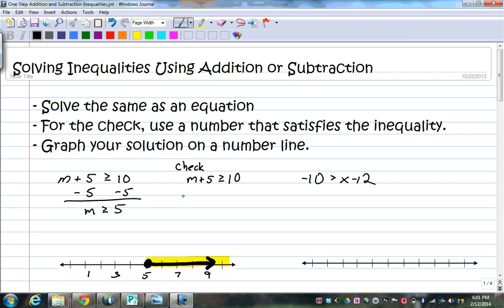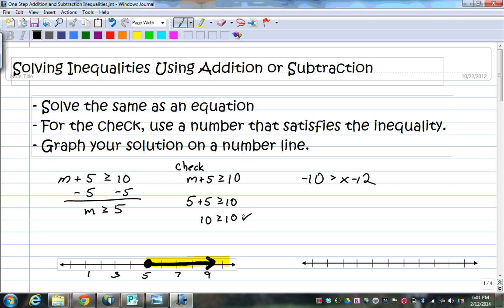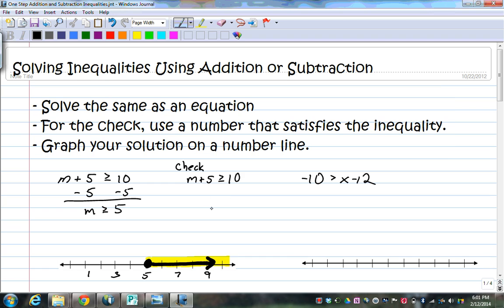So if I put in 5 for m, because I have the greater than or equal to, I end up with 10 is greater than or equal to 10, which is true because it is equal. Now if I pick something larger, because my solution says it's greater than or equal to 5, if I pick 10, for example, I could put 10 plus 5 is greater than or equal to 10. 10 plus 5 is 15. 15 is greater than or equal to 10.